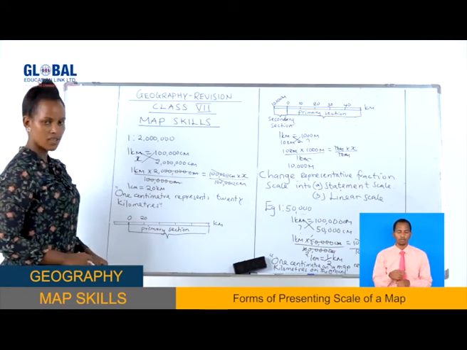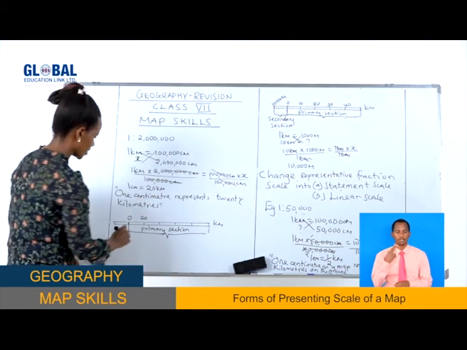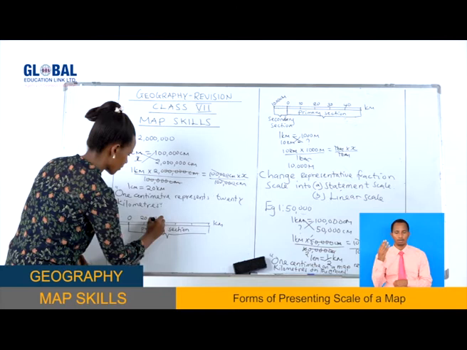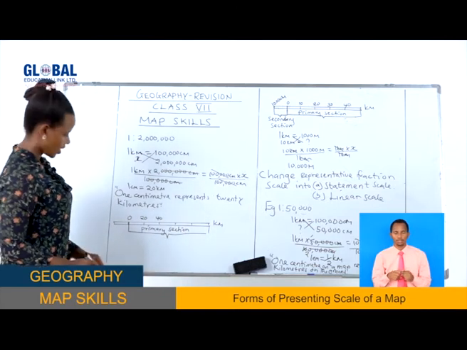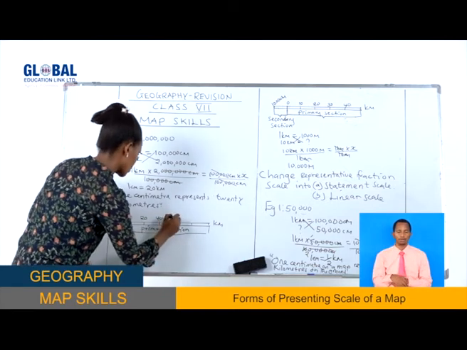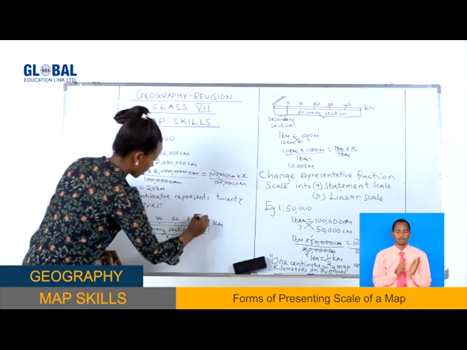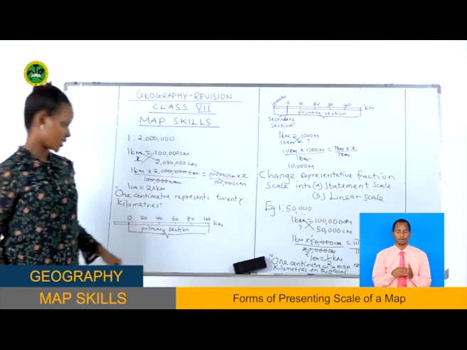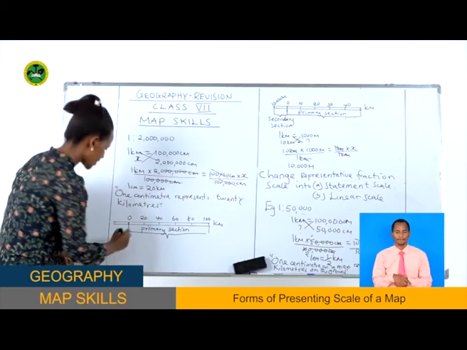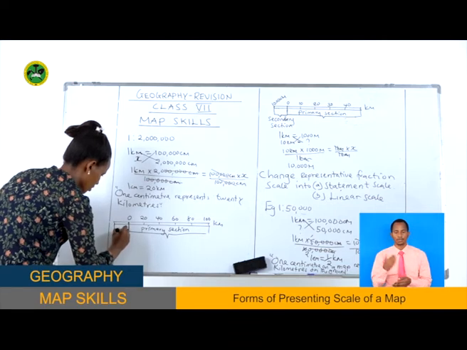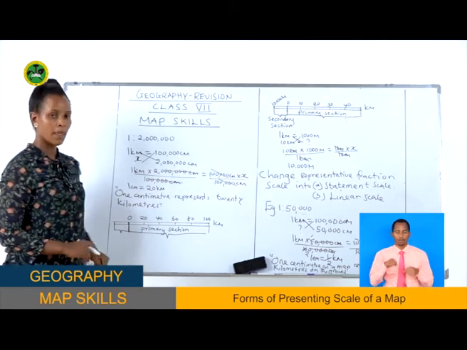Then you go with the table of 20. 20, add 20, you get 40. 40, add 20, you get 60, add 20, 80 kilometers, then 100 kilometers. Then on the other side, which is the secondary section, it should be written in meters.